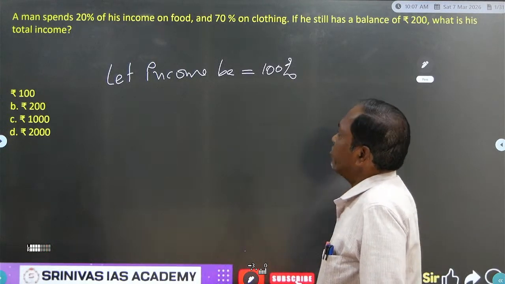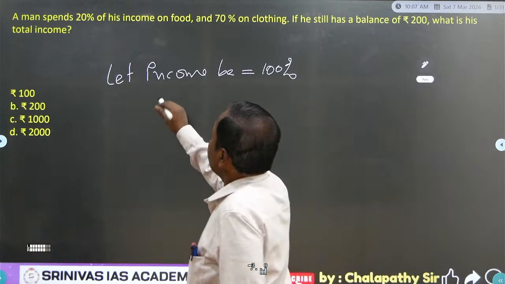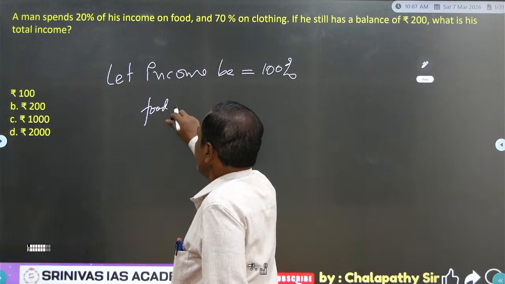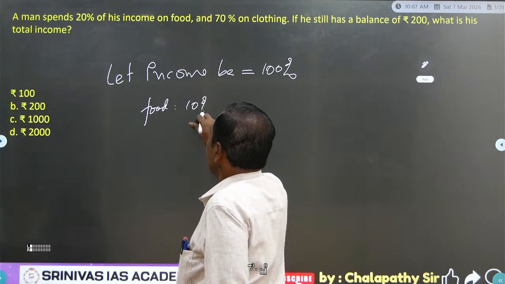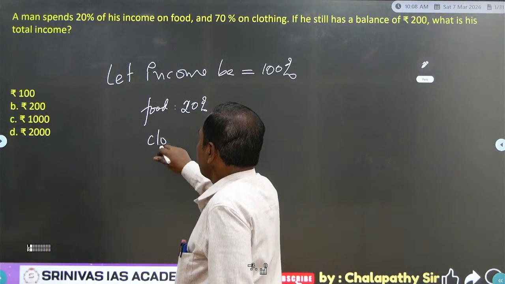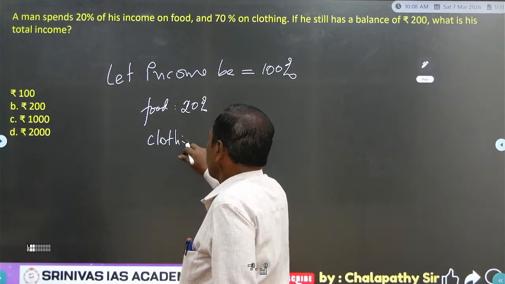Let income be 100%. Spending on food is 20%.